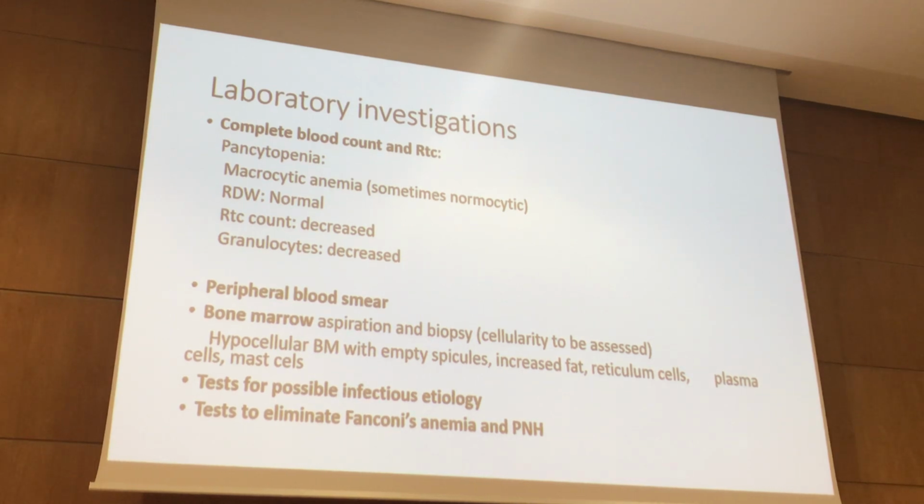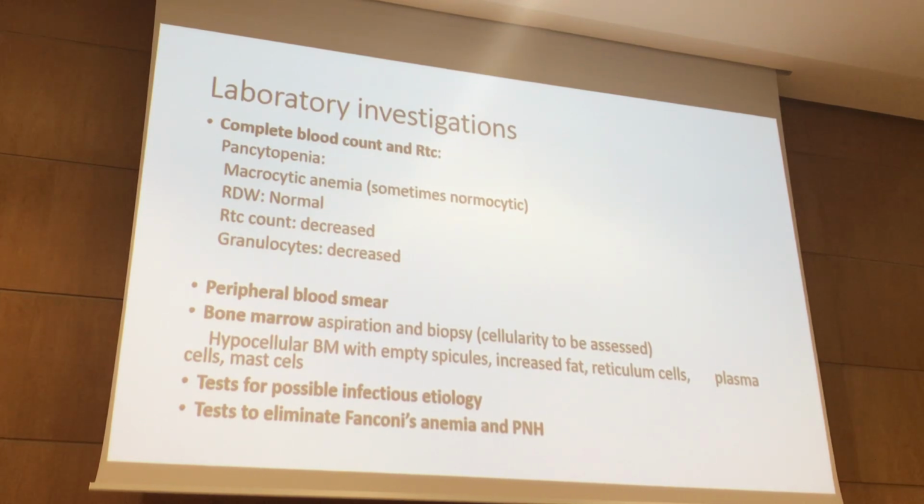Peripheral blood smear will show you very valuable information. Bone marrow aspiration or biopsy is mandatory, required to have a very good diagnosis of aplastic anemia, because eventually it is dysfunction of the bone marrow, so you should see the bone marrow of these patients.